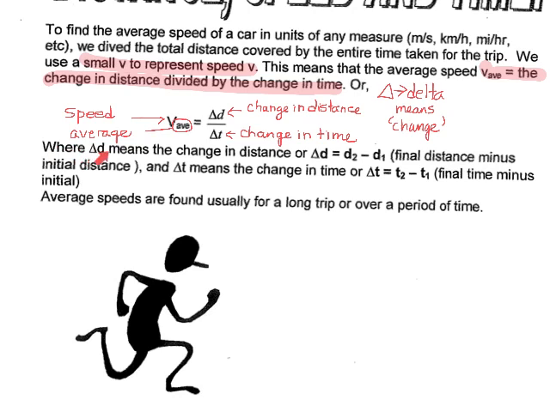So where delta D means the change in distance, and I just talked about that, delta D also equals D2 minus D1, the final distance minus the initial distance.